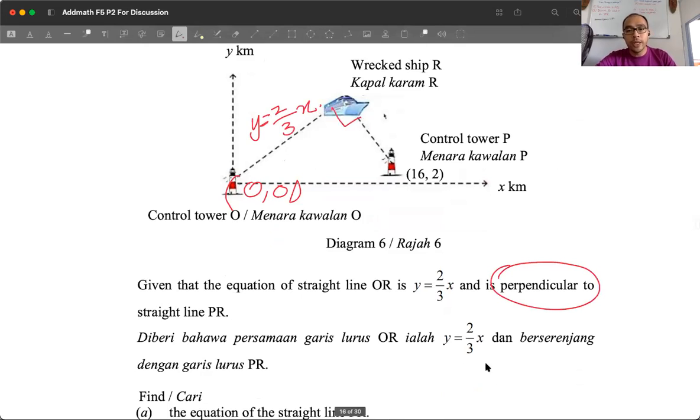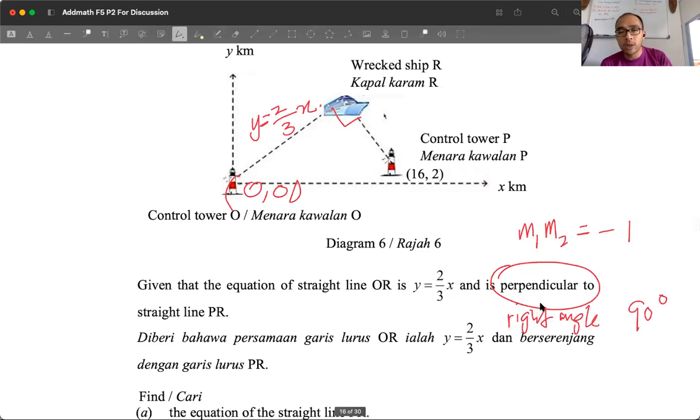Now, in coordinate geometry, the moment you see the word perpendicular, you know that we are talking about M1 M2 equals -1. No need to think anymore. The moment you see the word perpendicular, or another word, right angle, or 90 degrees, that is the most obvious.